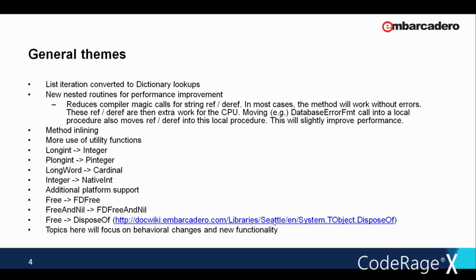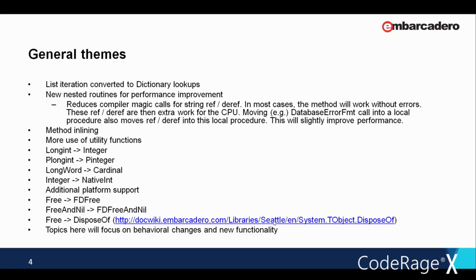I imagine these integer treatments, some of those are pertaining to the changes that were made for addressing out-of-memory errors with 32-bit apps for large memory model, but also for just better type support, like the integer native int support. I mentioned on the previous slide additional platform support for FireDAC.